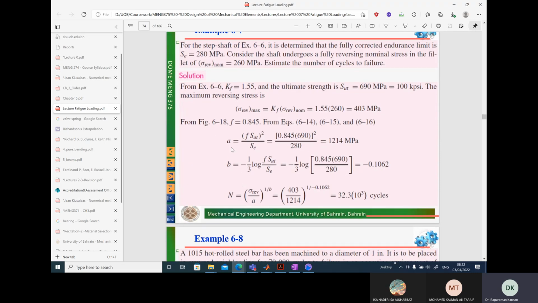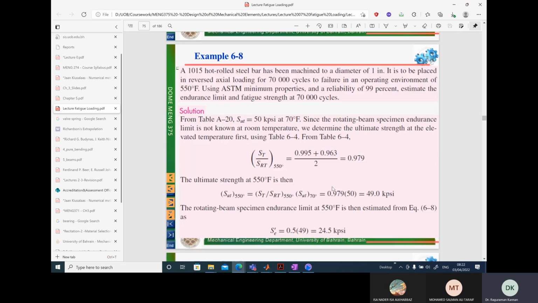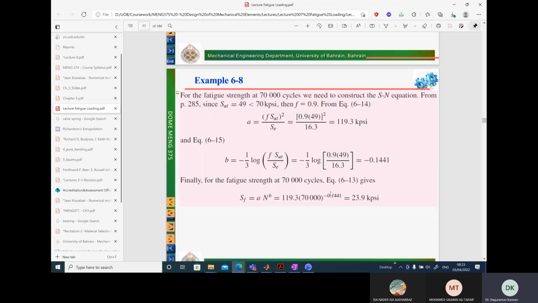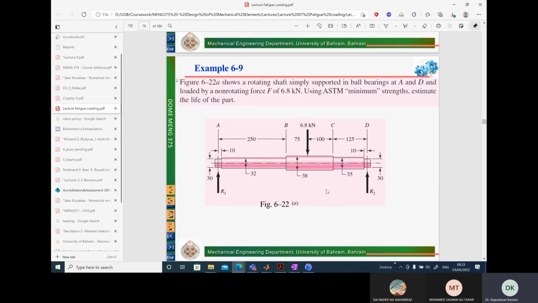This is the formula to be used, where A and B we need to find after we find the fatigue fraction F. From one of the graphs there are different formulas to find the F value, and then we apply this formula to find the life of the specimen. So we need to find the reversing stress sigma in our case, and then find A and B and just apply the formula and figure it out. Okay, so let's go back to that problem here.